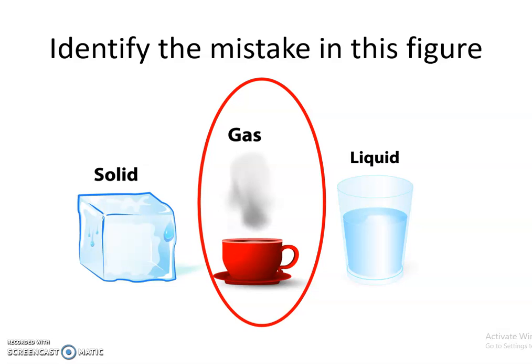And a gas is perfectly a gaseous substance which is existing as a gas. For example, oxygen is a gas, while water vapor or steam is also a gas, but it can be more appropriately called a vapor.